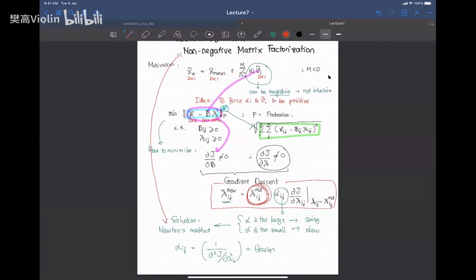How do we initialize this? Well, I think you can use PCA for initialization. And once you have the PCA, then you force this to be non-negative. All right, any other questions?